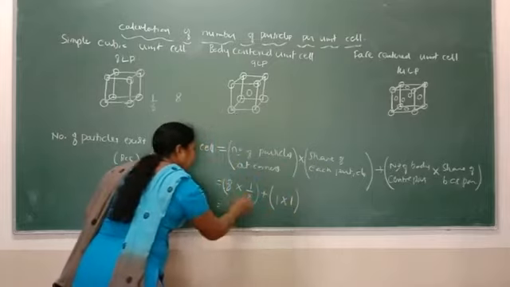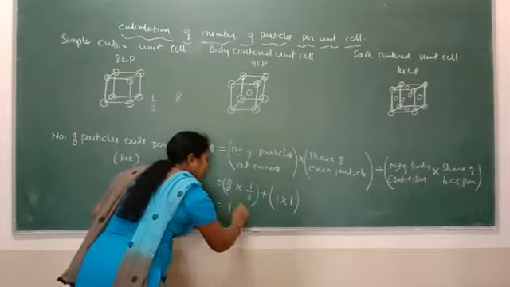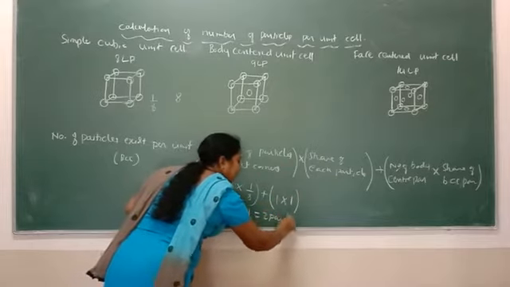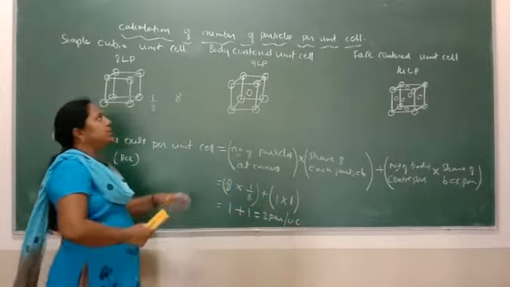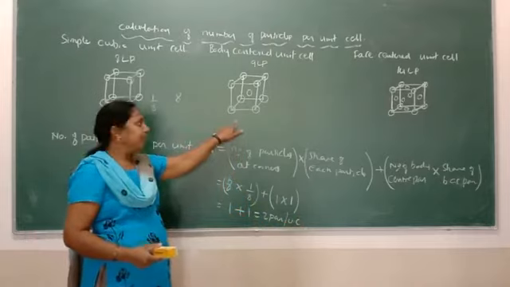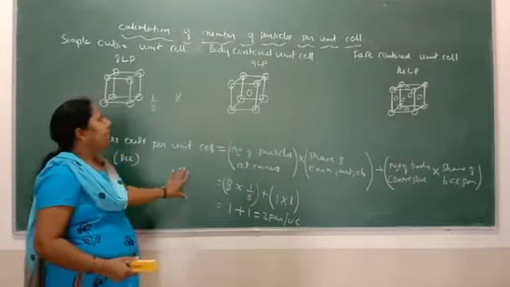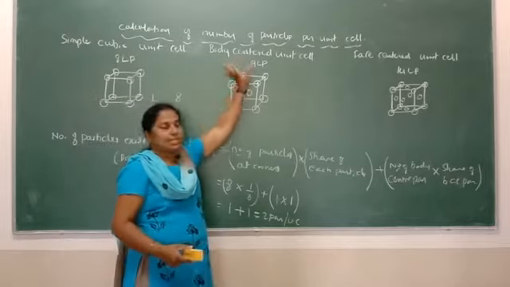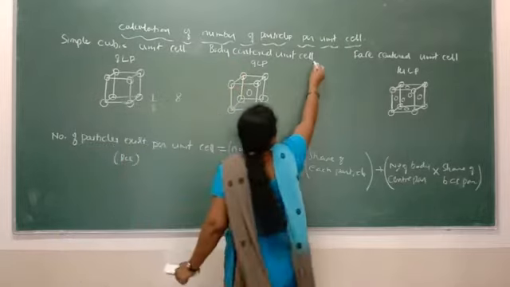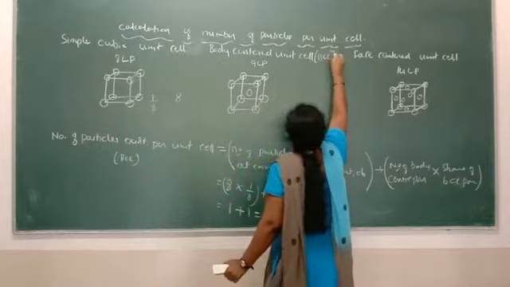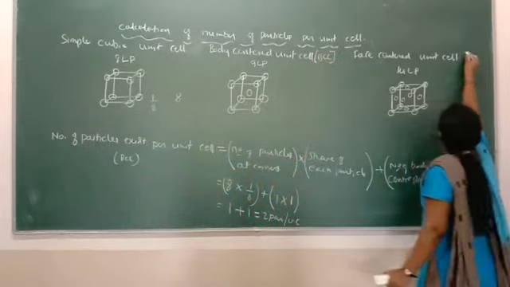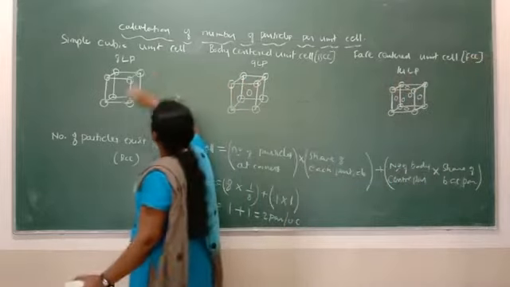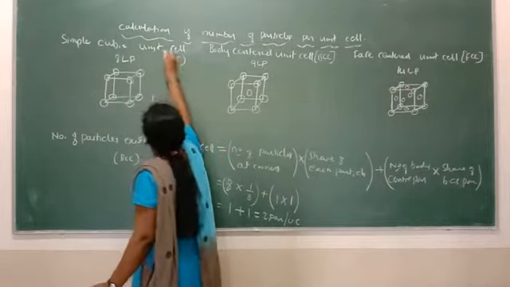So 8 into 1 by 8 is 1, plus 1, is 2. Only 2 particles exist per unit cell in case of BCC. So we have calculated the number of particles per unit cell in BCC. Body-centered is also known as BCC, face-centered is also known as FCC, and simple cubic is SCC.